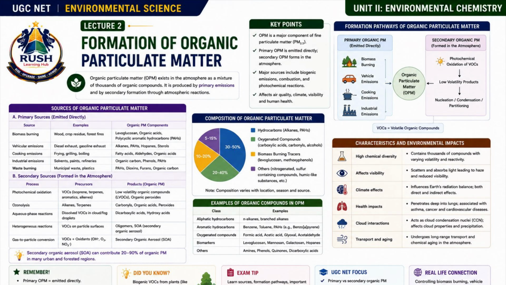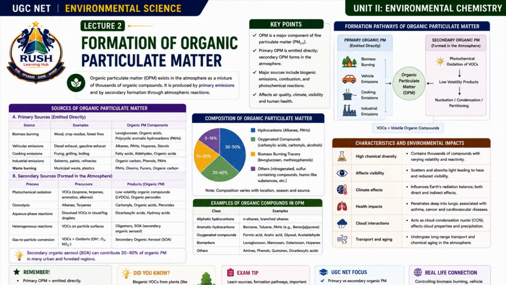This category is known as secondary organic particulate matter or secondary organic aerosol, often abbreviated as SOA. Secondary organic particulate matter is not emitted directly. Instead, it forms within the atmosphere through chemical reactions involving gaseous organic compounds.